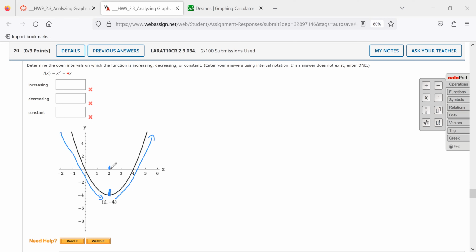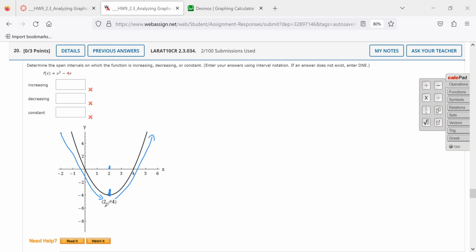So after here, right? By the way, I didn't mention this. For these types of questions on increasing, decreasing, constant, we're only looking at the x values when we write the answer. But we're looking at the entire graph, right? You see how before 2, we're coming down.